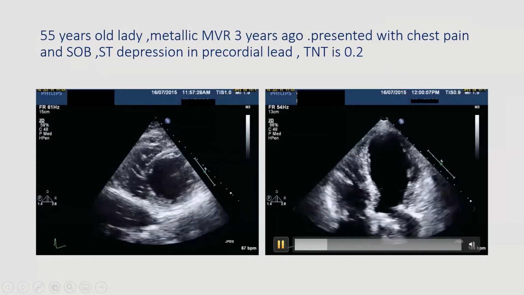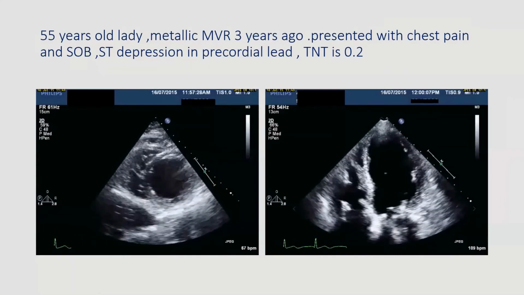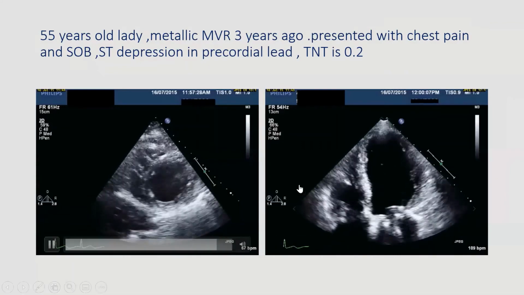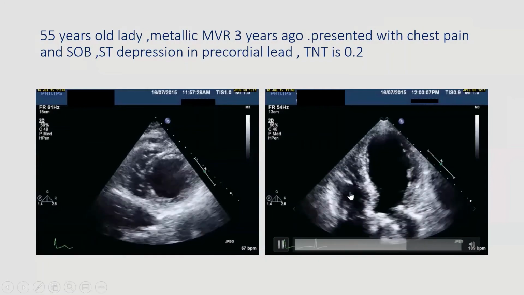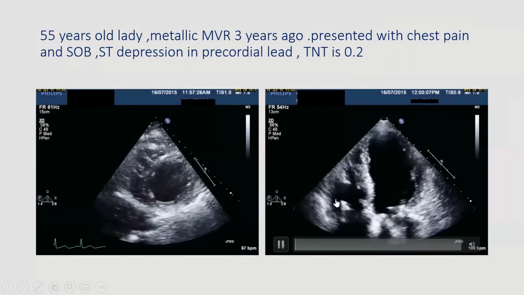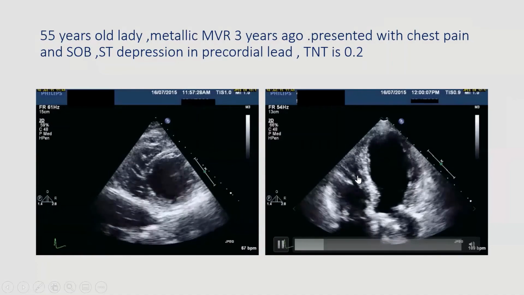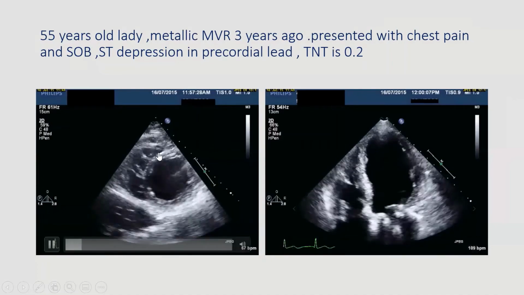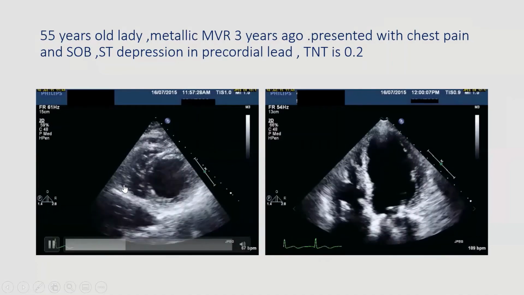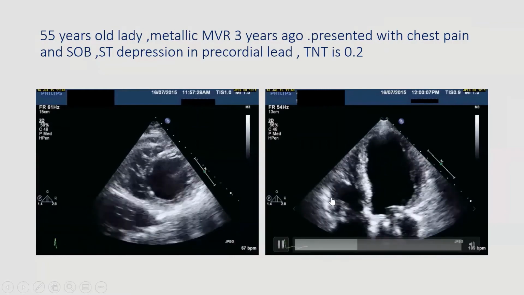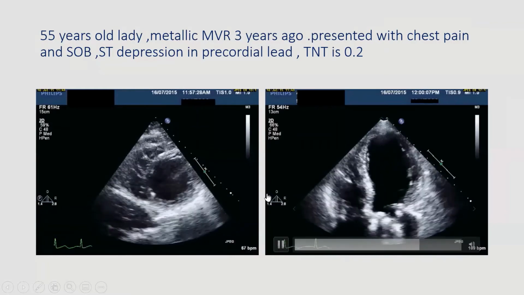I want to show you something here. You see this one here, the RV. This is the RV, right? Yes. And this is the RV at the apical segment. Look at the RV at the base, mid, and apex.